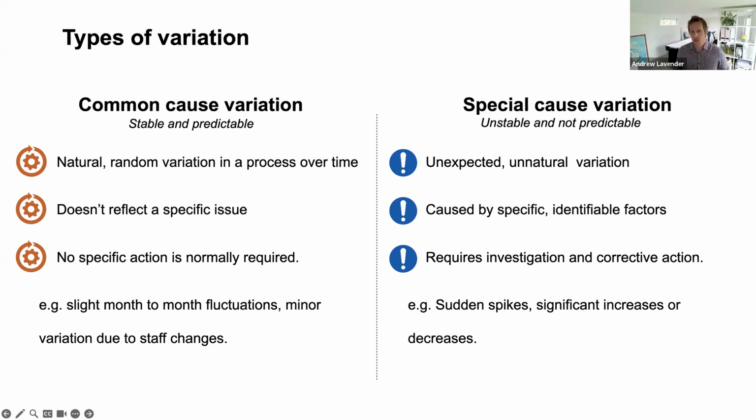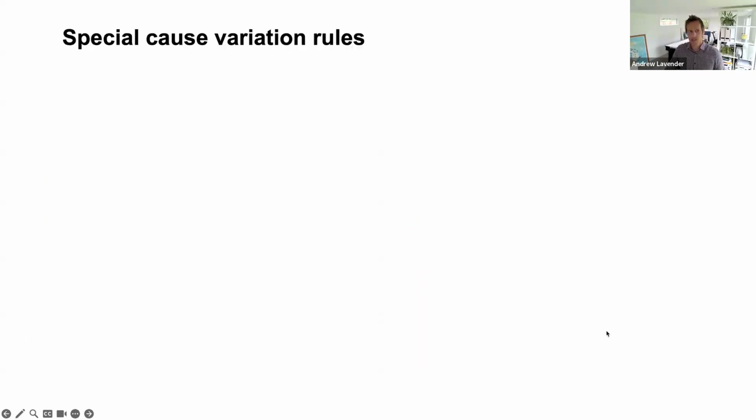This is usually caused by some specific event or identifiable factors. Often if you see these identified, then you need to do some investigation and possibly some corrective actions to resolve that. This might be sudden spikes in your data, significant increases or decreases, and suchlike.